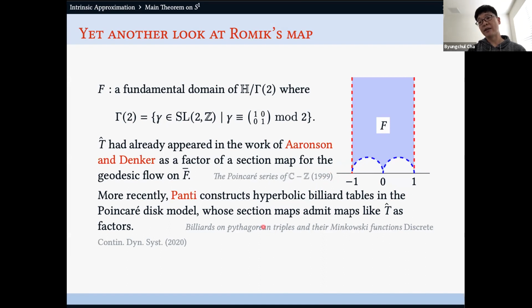And then if I throw in a little more dynamics here, more recently Pandey was able to construct a hyperbolic billiard table in the Poincare model, encompassing this example and a more general billiard table consisting of what he calls unitary systems. So that has been published very recently.